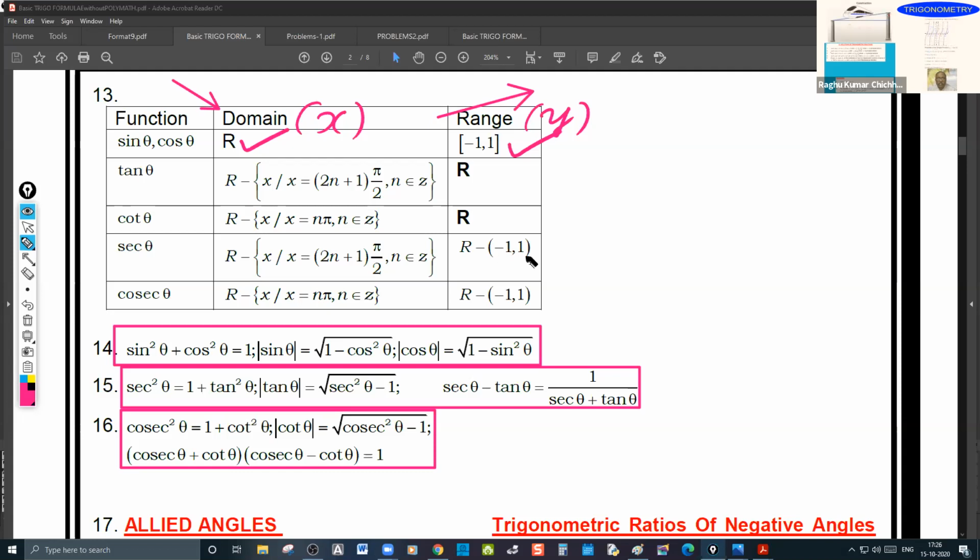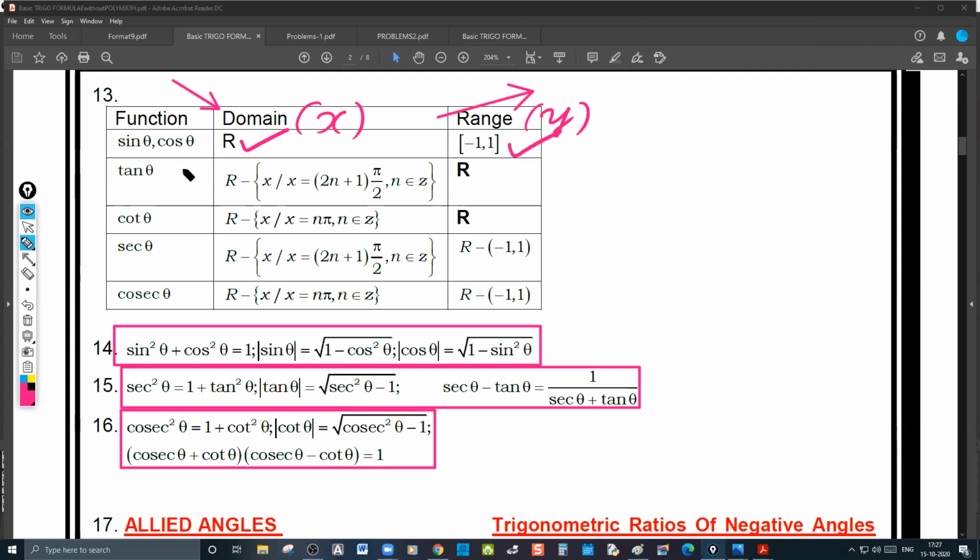Closed accepts, open will not accept. How to read this? Closed -1 comma 1 closed. Open -1 comma 1 open. Open means those two values are not taken. I hope you understand what I'm talking about. Yes, sir.